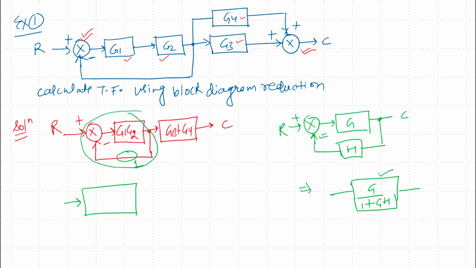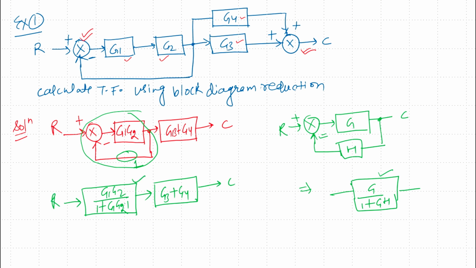In this case, the value of G is G1 G2. So it will be G1 G2 divided by 1 plus GH. So the value of G is G1 G2, and the value of H is 1. So in this case, the value is 1 multiplied by 1, and after this we have G3 plus G4, and finally the output C.